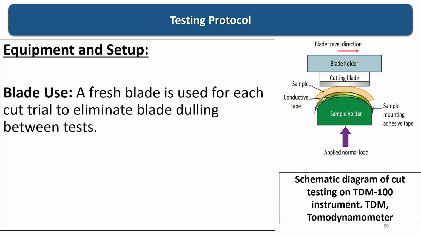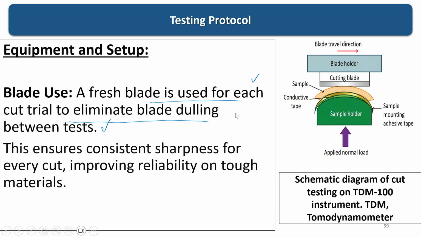Now, blade use: a fresh blade is used for each cut trial to eliminate blade dulling between tests. The blade may get blunted during the test. So, to have a uniform standard value, we have to change the blade after every use. This ensures consistent sharpness for every cut, because blade blunting or dulling affects the cut through distance.